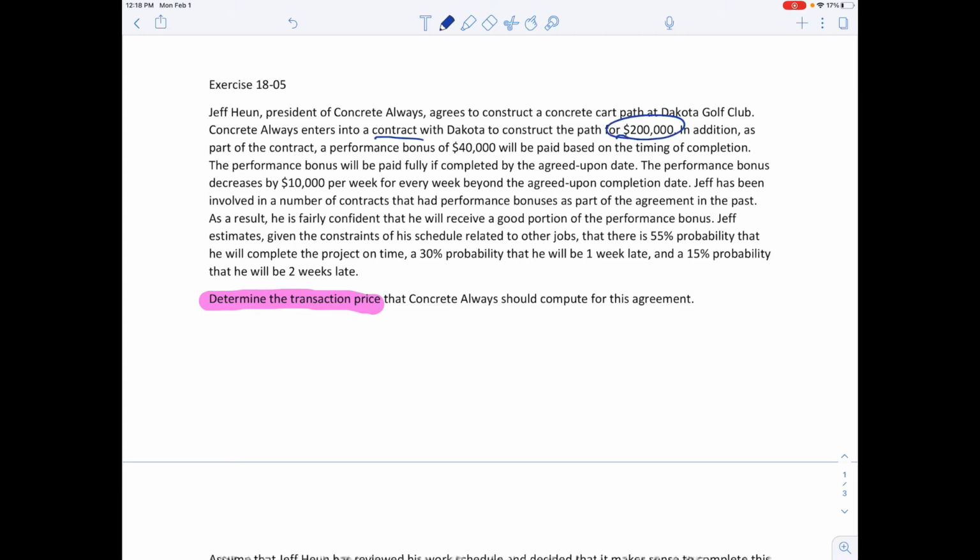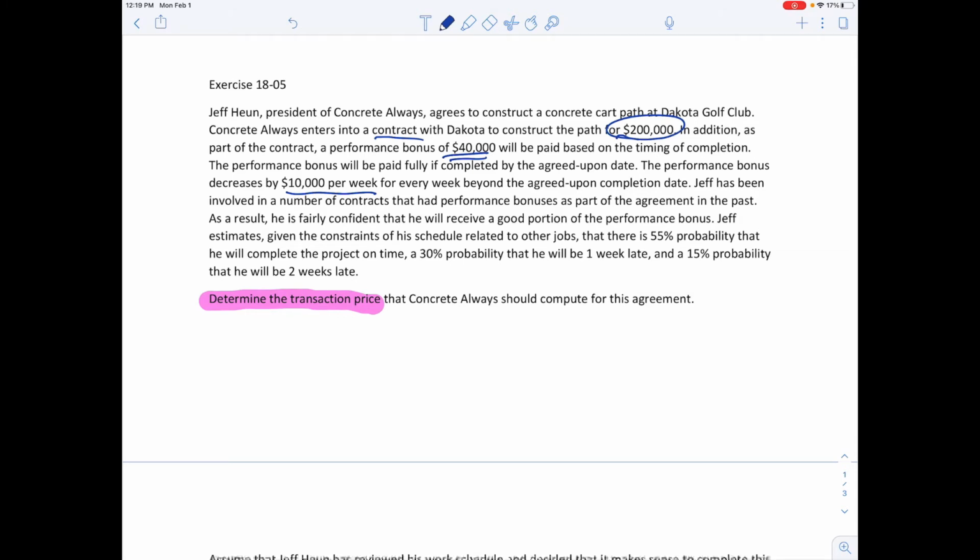I know that right off the bat. But then we can get a bonus of $40,000 based on completion. What happens is the bonus decreases by $10,000 per week for every week beyond that completion date.